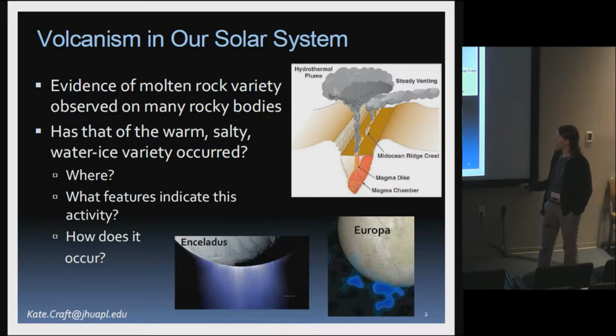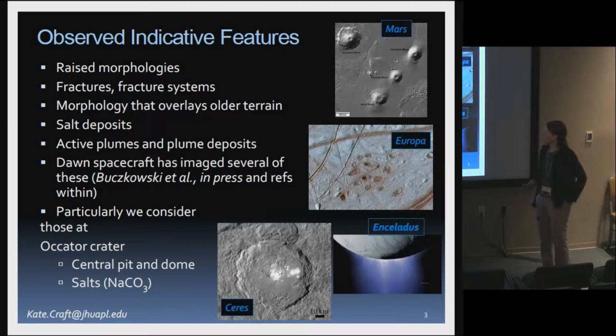We see a lot of volcanism in our solar system. There's evidence of molten rock variety observed on many rocky bodies, but we have a lot of questions about how cryovolcanism may be occurring. We see obvious cryovolcanism with Enceladus and its plumes, but where have we seen evidence that liquid, salty, molten-ish, icy water has come to the surface and flowed on the surface of some of these icy bodies?